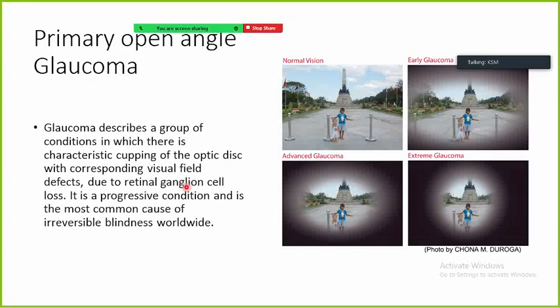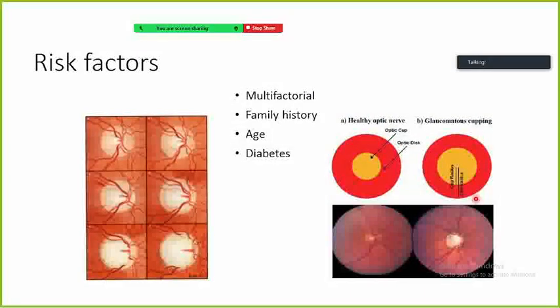Then going on to glaucoma, there are two types, open and closed angle glaucoma. It's a kind of progressive optic neuropathy with corresponding visual field defects. So this normal person can see this. In early glaucoma, the peripheral vision slightly goes down. Ultimately, they end up in tunnel vision, and this also goes to an irreversible blind state.